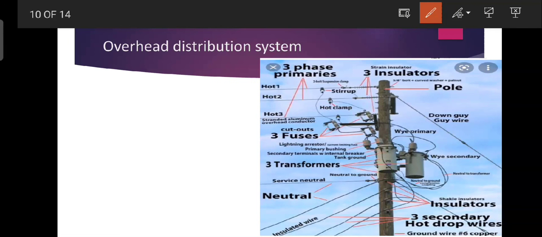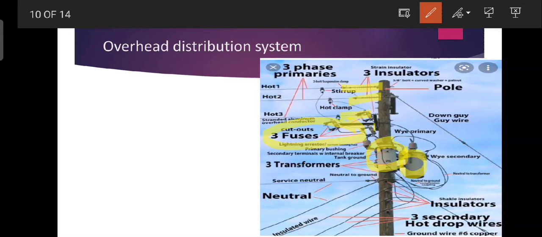So here the 3 phase system is connected with the insulators over here, and that is connected to our 3 cutout fuses with our power transformer over here. 3 transformers are connected to step down the voltage from 11 kV to 230 volt for our home appliances.